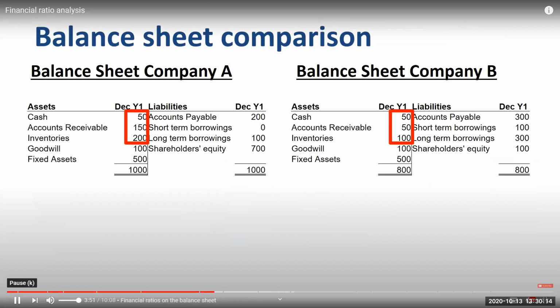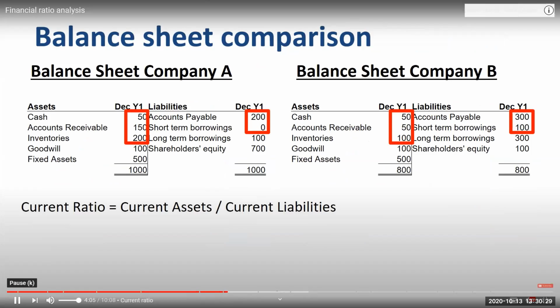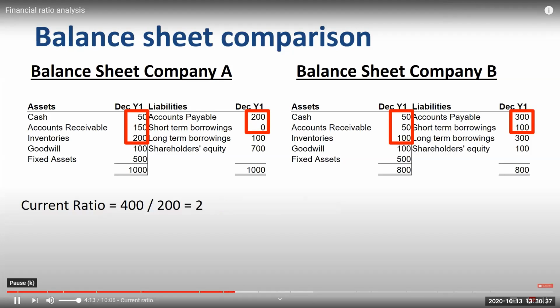Let's look at the current assets, cash plus items that are likely to convert to cash within a year, versus the current liabilities, items that need to be paid with cash within a year. A useful financial ratio in this area is the current ratio. Simply divide the current assets by the current liabilities. For Company A, 400 divided by 200 is 2.